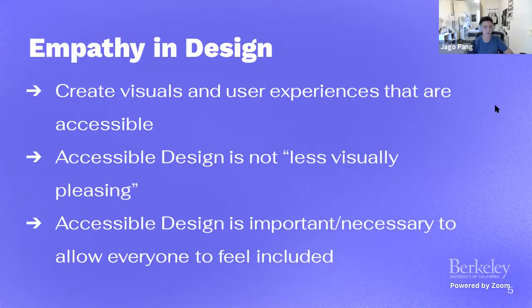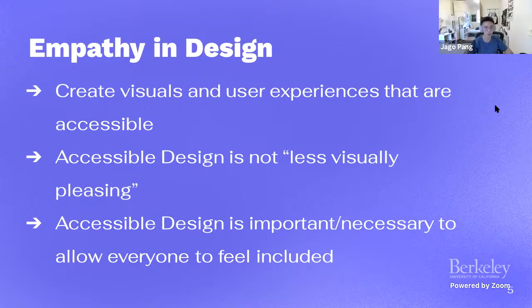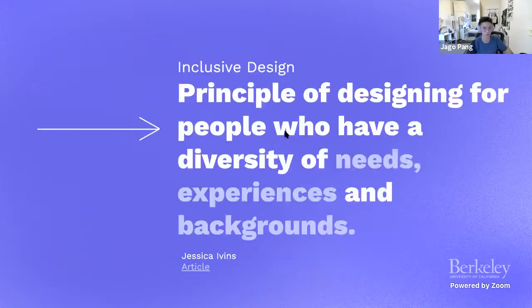There's also this notion that accessible design is less appealing because there might be less colors, it might be more quote unquote boring, but that's what design is not. Design's not all about whether something is visually appealing. It's making sure that everyone feels included and that everyone can use or see your design in the best experience possible.